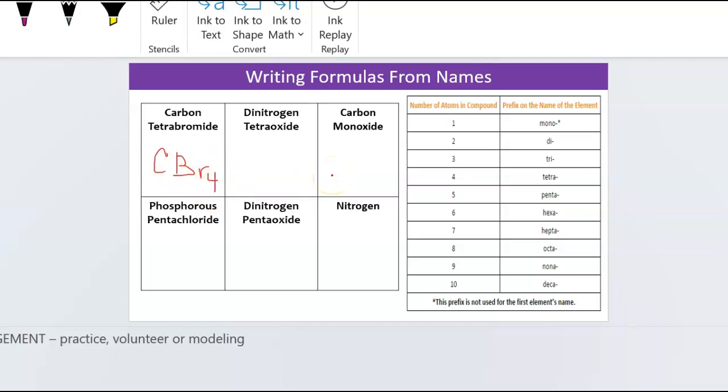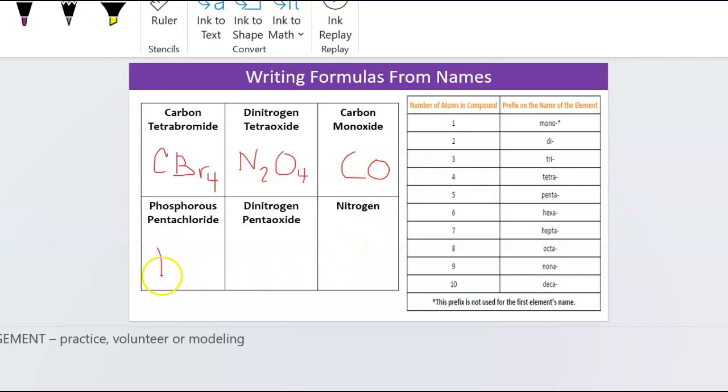Remember, the subscripts come after the element they apply to. Dinitrogen, so 2 nitrogens, and tetraoxide, 4 oxygens. Carbon monoxide, so again we wouldn't say monocarbon monoxide, just carbon monoxide. We don't start with the mono prefix.